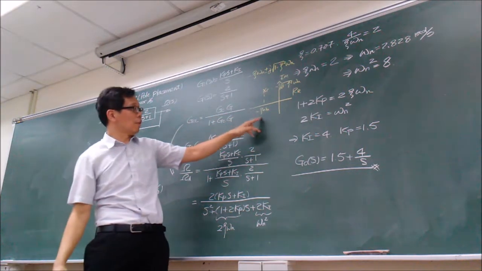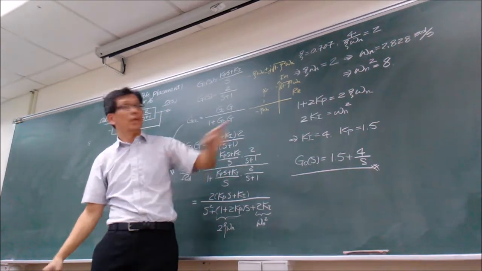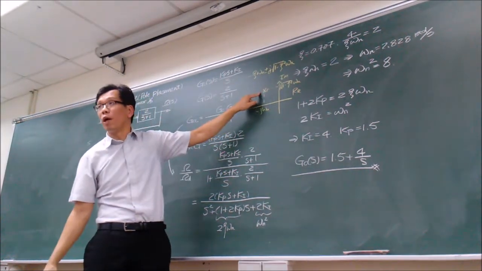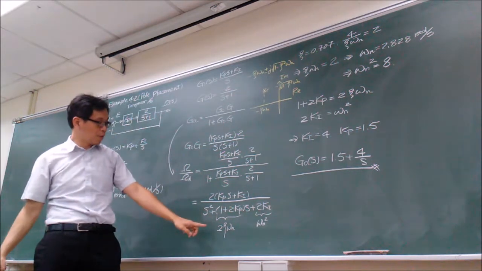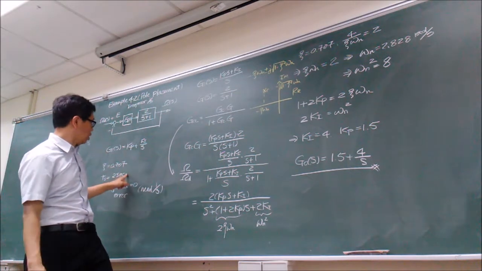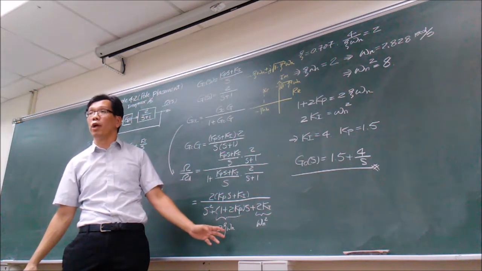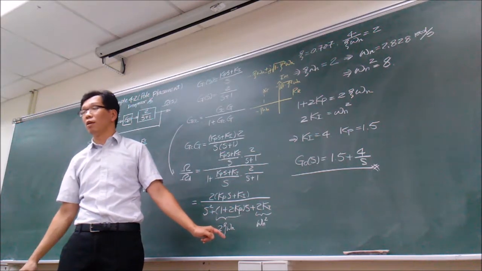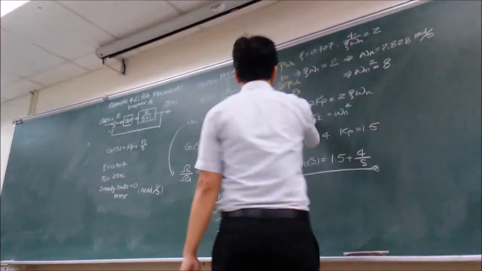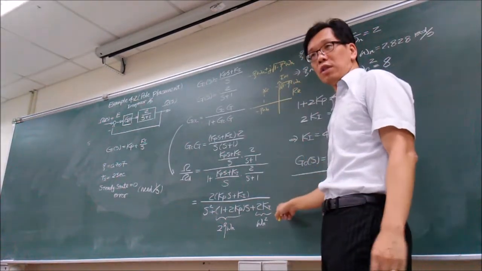If you know your damping ratio and your natural frequency for a second order system, then you should be able to know where your pole is going to be located. In other words, if you specify your damping ratio and your settling time, you identify where you want your pole to be located. Once we know where we put our poles, we put them together and get the transfer function.